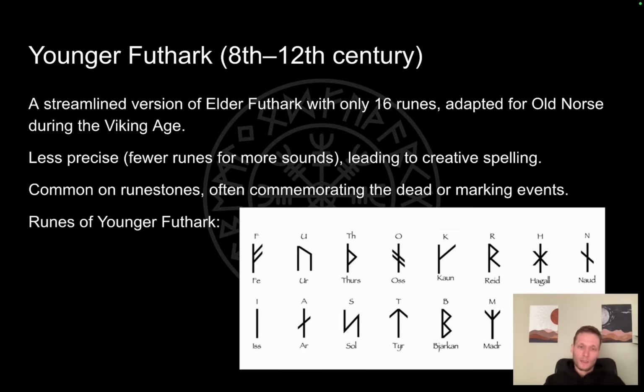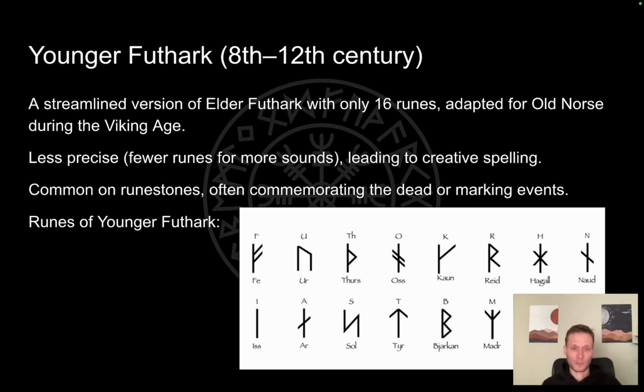As time went by, the runic alphabet was evolving, and the next historical iteration was called the Younger Futhark. It was dated from the 8th to 12th century.